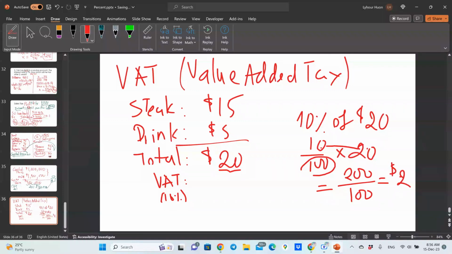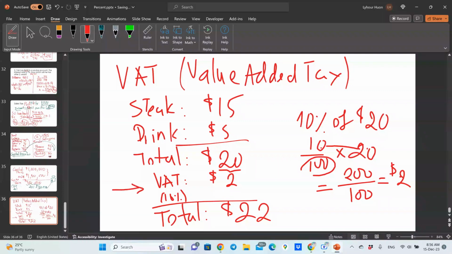So the VAT is $2. So you need to pay a total of $22. And this is value added tax.